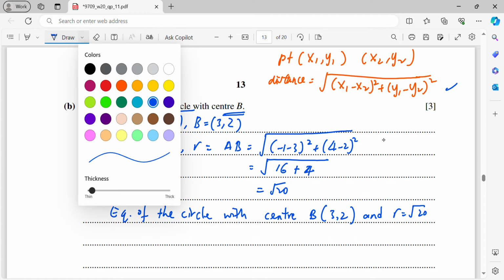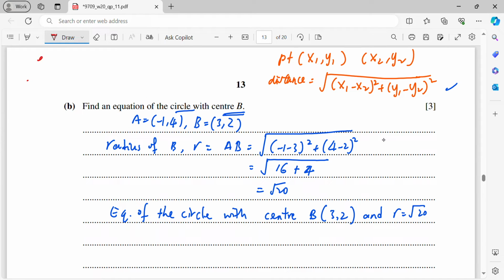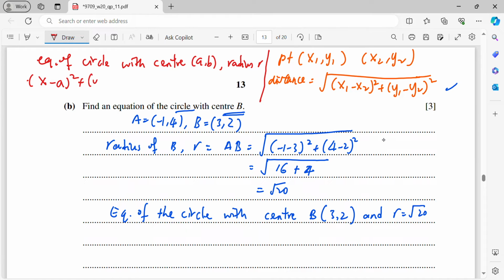Now our formula for the equation of a circle with center (a, b) and radius r is (x minus a) squared plus (y minus b) squared equals r squared.